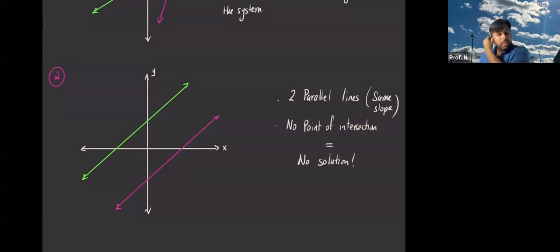So we have situations where we have no points of intersection, and henceforth no solution, right? And we call this an inconsistent system.